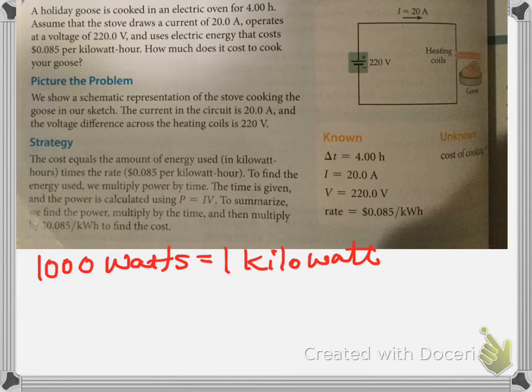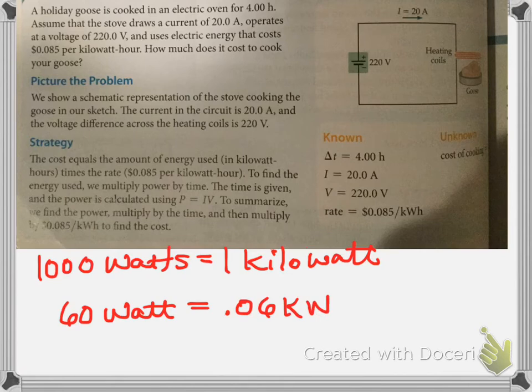So if you think in terms of a 60-watt bulb, if you go to the store and buy a 60-watt bulb, that would equal 0.06 kilowatts. And if you were to take that 60-watt bulb and put it in a socket and turn it on for 30 minutes, if I take my wattage and multiply it times my time in hours, 30 minutes is half of an hour.